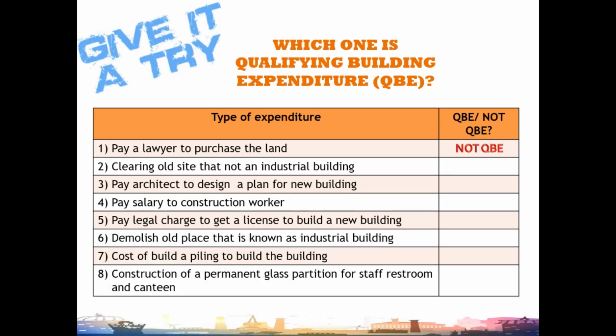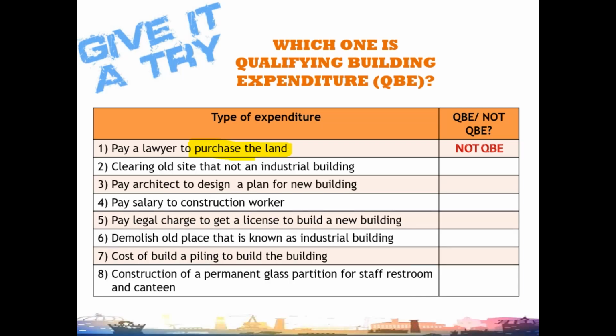If your answer is not QBE, you are correct because of the words purchase the land. As the previous slide said, any expenses regarding the land are not part of QBE.